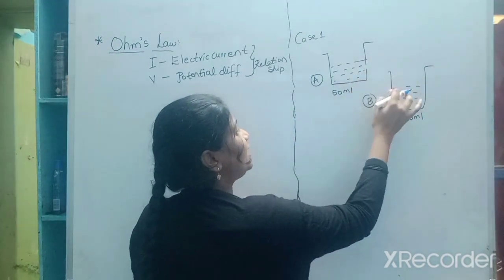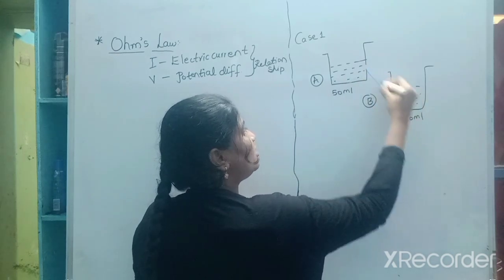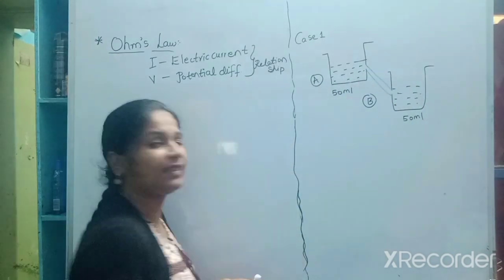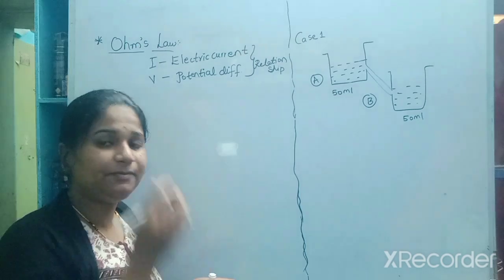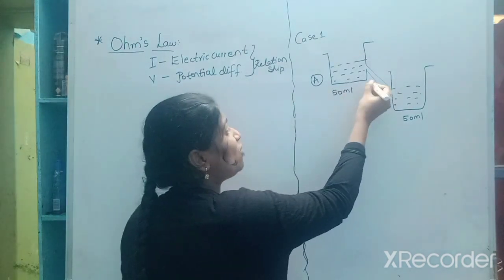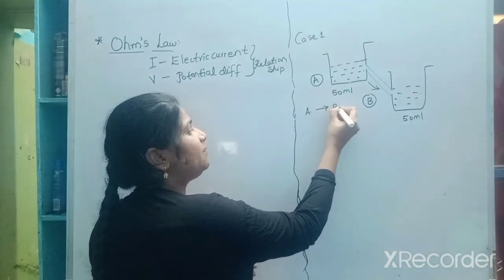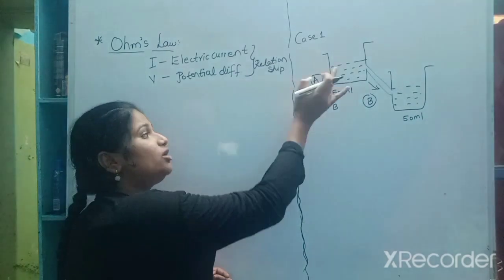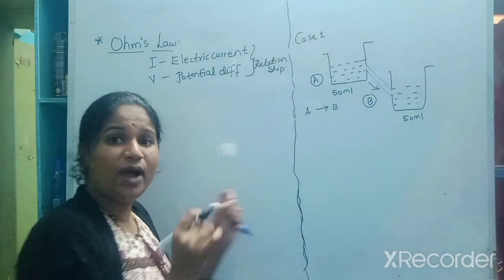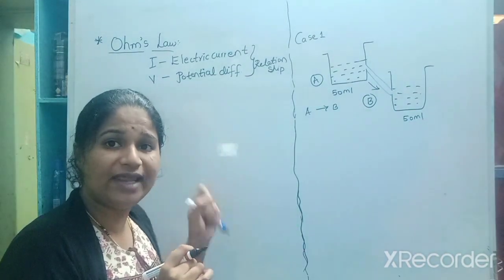Then let us connect these two beakers by a pipe. So what happens here? You can see the movement of water from A to B. Why is the movement of water from A to B?